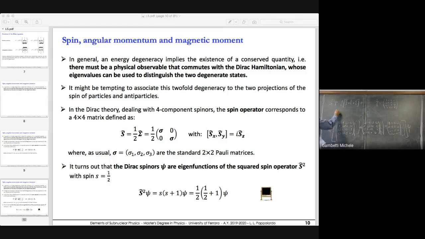So this is 1/4 times 3 times the identity matrix, which we can forget for the moment because the identity matrix acting on the spinor gives you the spinor. So this is 3/4 of the spinor, which you can write more explicitly as 1/2 times 1/2 plus 1 on the spinor, which is nothing else than the squared spin eigenvalue, S times S plus 1, psi, when S is exactly equal to 1/2.